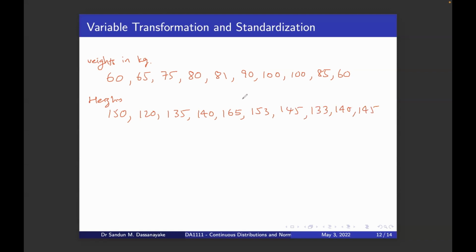Okay. Now, if you want to give a scale to this, it's difficult to give a scale because the weights will be in a different scale, maybe from 50 kilograms to 150 something, and heights will be somewhere from 120 to some 170. So there are two ranges, right? What we can do is we can transform these values.